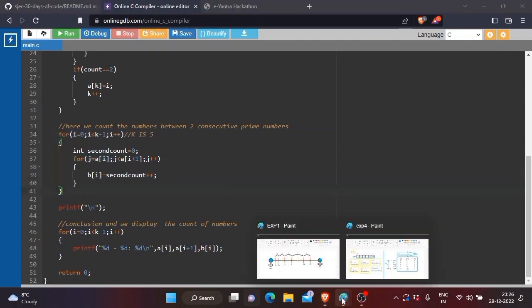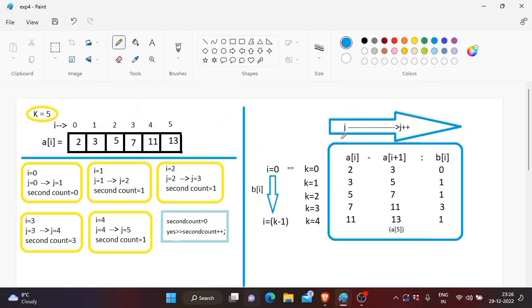Let us understand it by a simple diagram where i will move from 0 to k minus 1, which will be 4 in this case, and j will move from A of i to A of i plus 1. At i equal to 0, the second count is 0 as there are no numbers between 2 and 3.